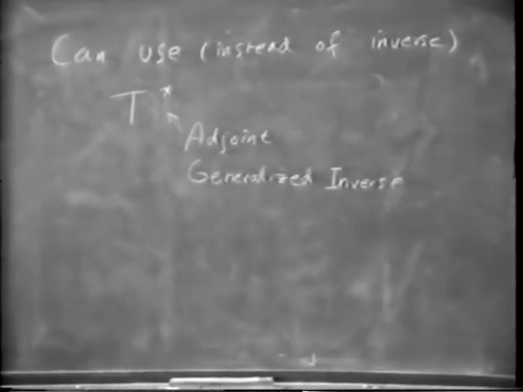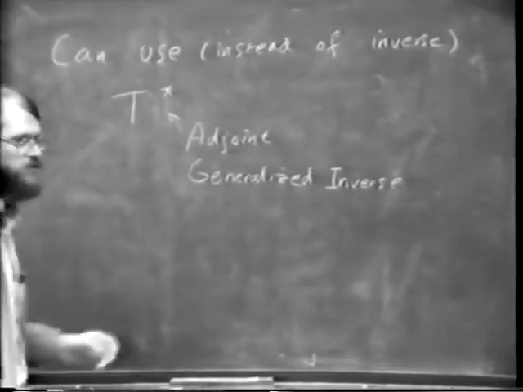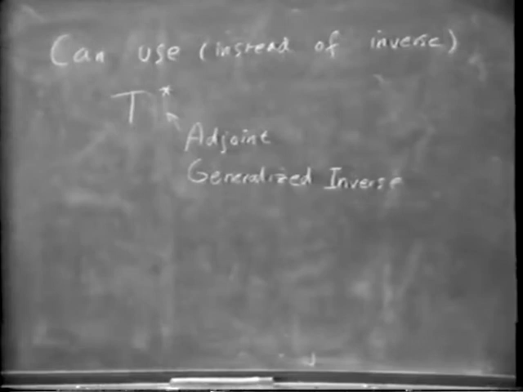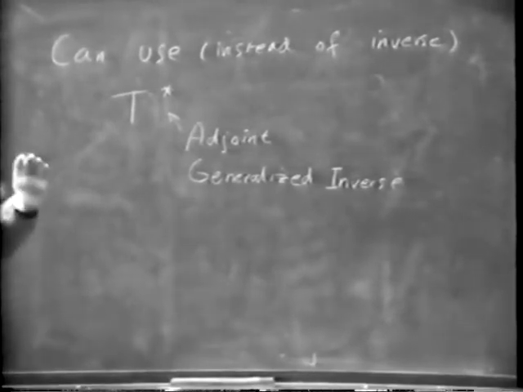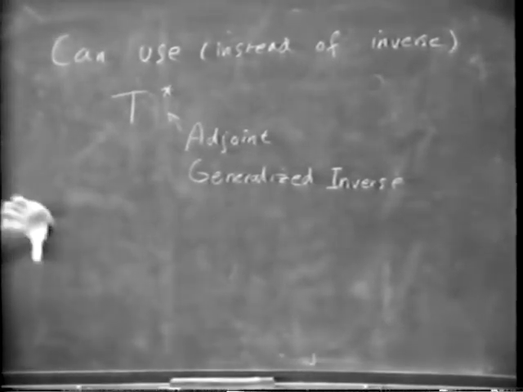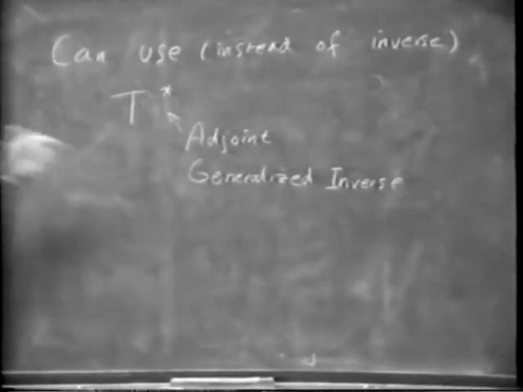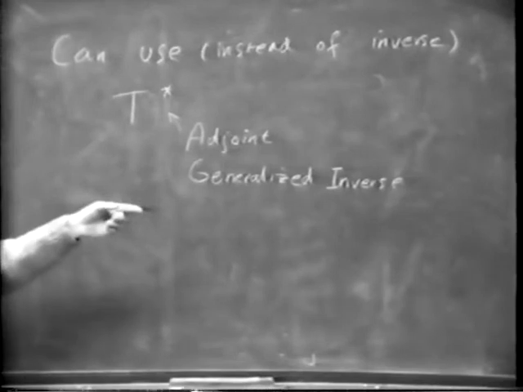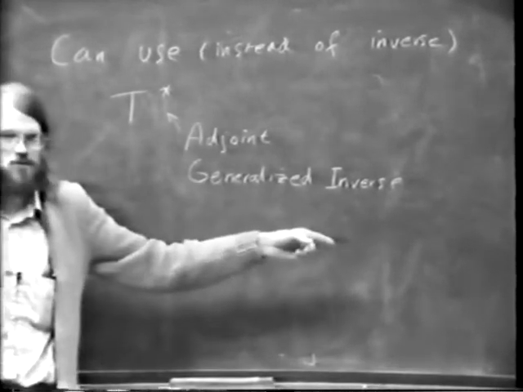Remember the first time I came in here and started talking about, here's a handy trick for inverting matrices. You start taking the determinants of the submatrices and you start switching the signs in this checkerboard fashion, and then you transpose it. The last step was dividing by the determinant of the original matrix. That's the only step that's going to get you in trouble if this thing is singular, because the determinant is 0, right?